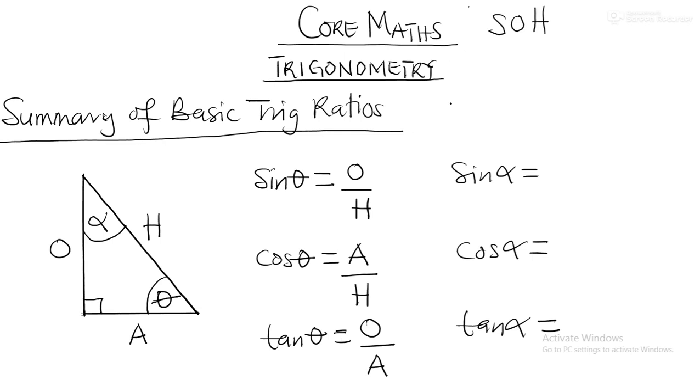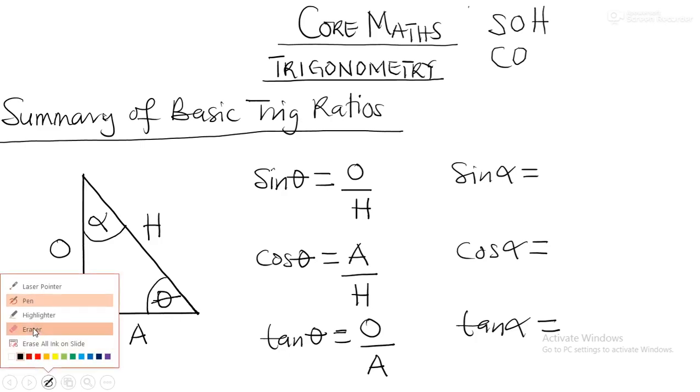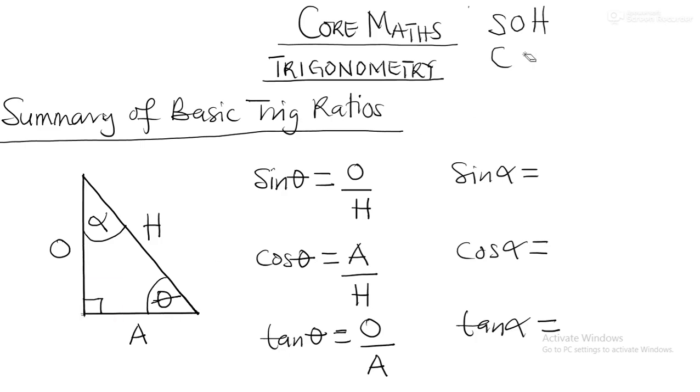For cosine, we are going to have CAH. And for tangent, we are going to have TOA. So putting the three together, we have SOHCAHTOA.